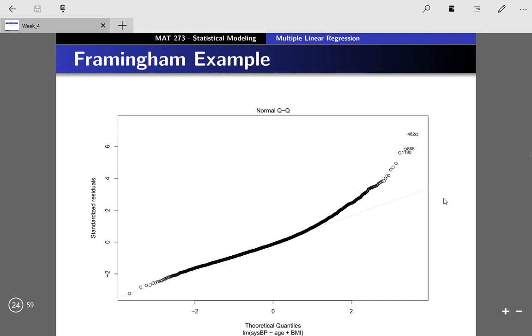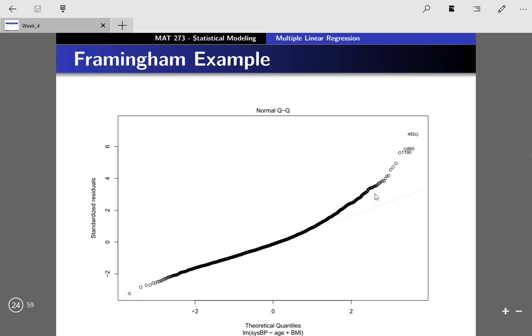So for checking normality of the residuals, again, we can use a histogram or a normal QQ plot, a normal quantile plot. For the QQ plot, what we're looking for is that if normality is met for the residuals, the points will all pretty much fall on this dotted line here. That's the case for most of the points to start.